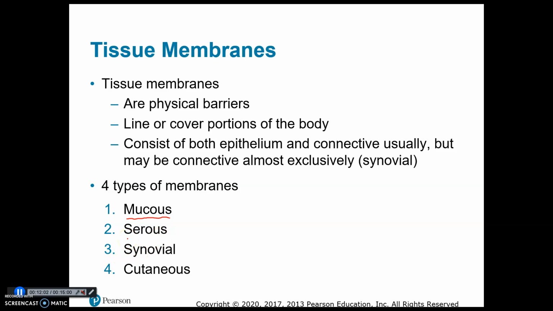Then there are serous membranes, and serous membranes are found lining the heart, the lungs, and the abdominal cavity. They're very delicate membranes. Then we have synovial membranes, which line joints, freely movable joints, and the cutaneous membrane is the skin.